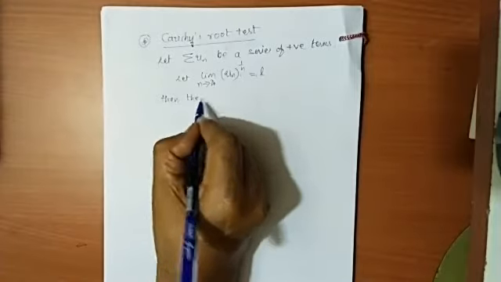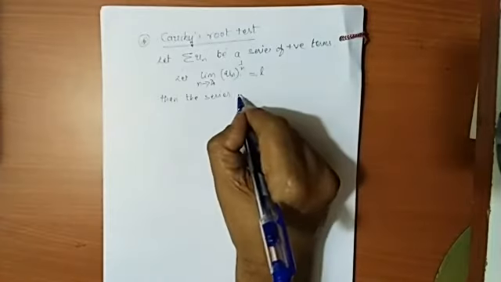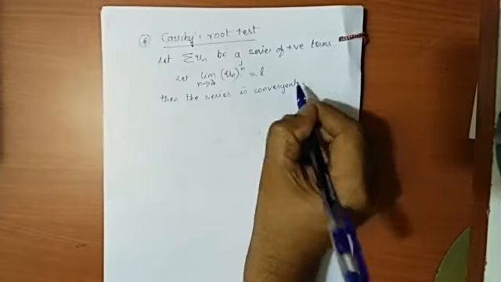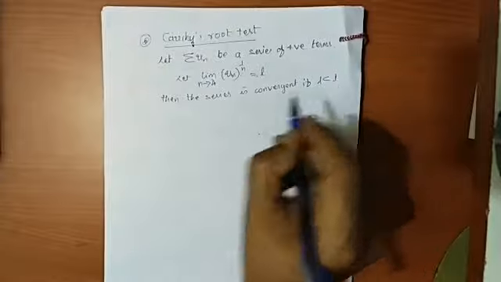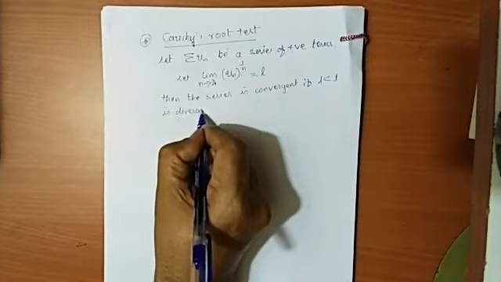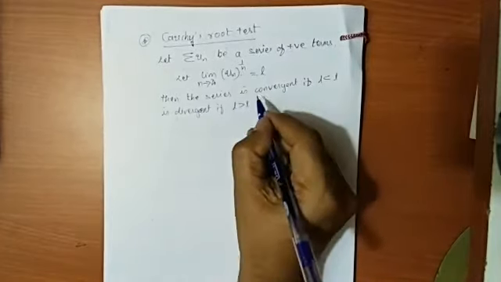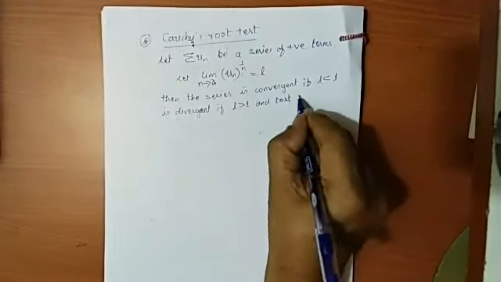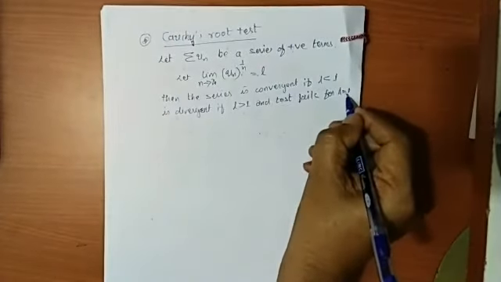Then Cauchy's root test says the series is convergent if L is less than 1, divergent if L is greater than 1, and the test fails for L equal to 1.